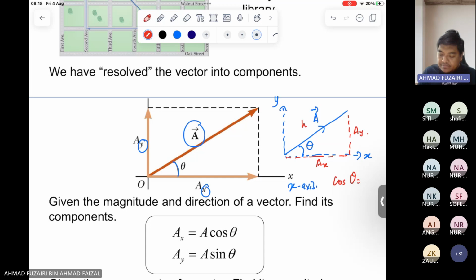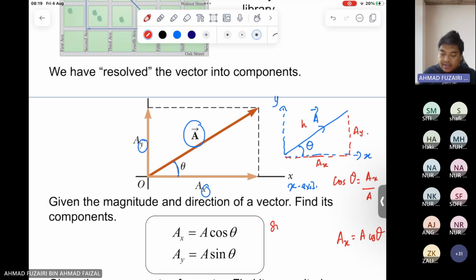Cos theta is AX over A. So in order to get A, AX is equivalent to A cos theta.